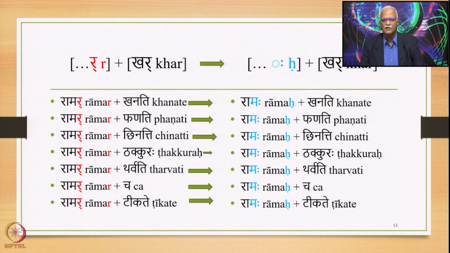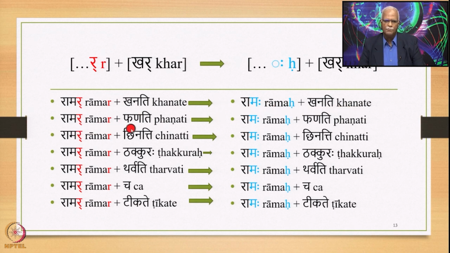So, ramar plus khanati is the input. Now, this r which comes at the end of a pada is followed by kh, which is a khar. So, 8.3.15 applies and this r gets substituted by the visarga, and so the output generated is ramah khanati.